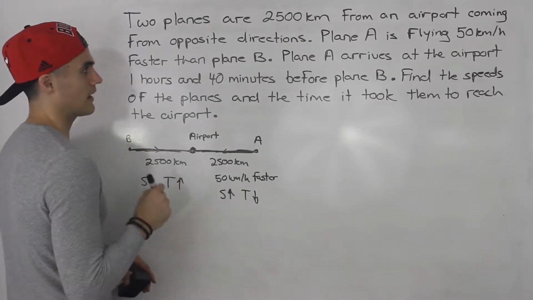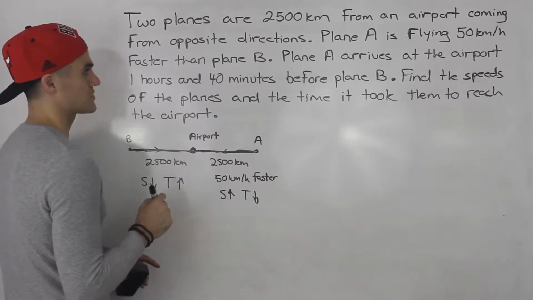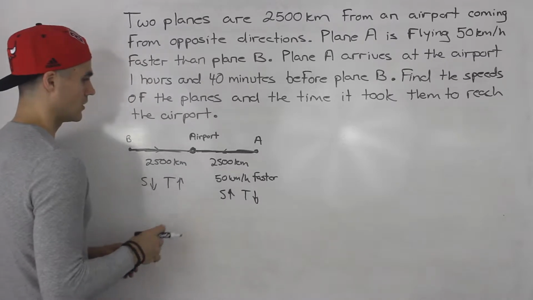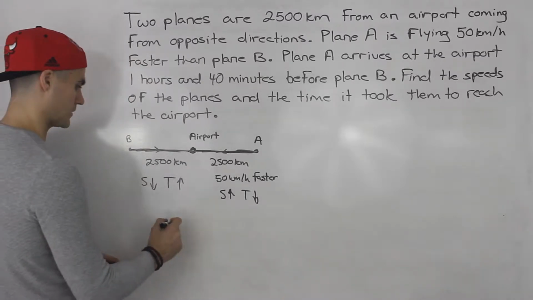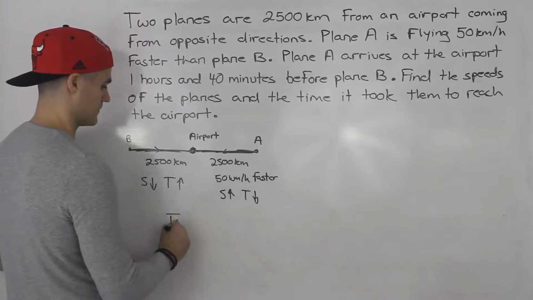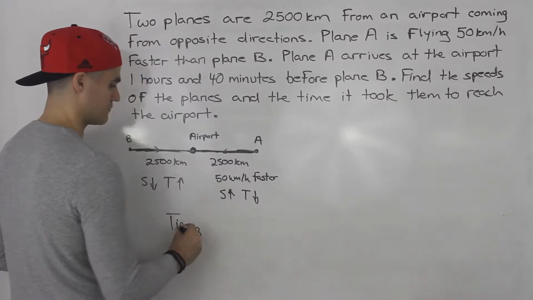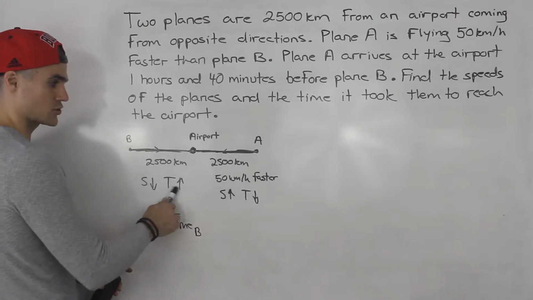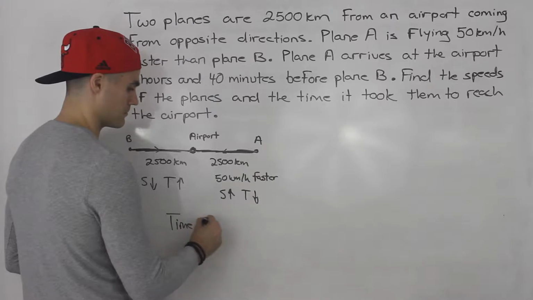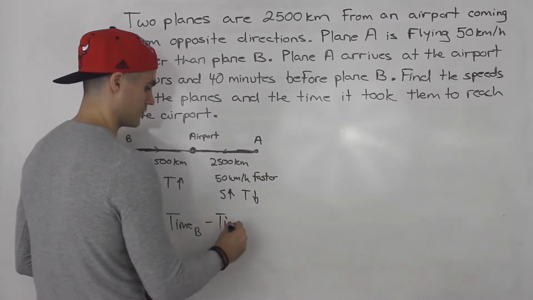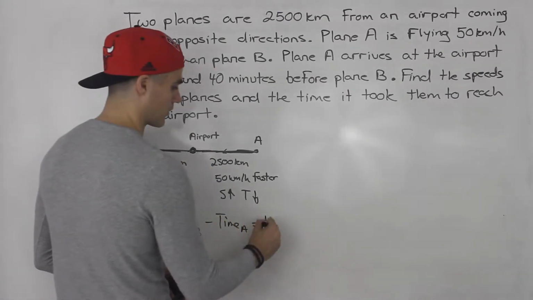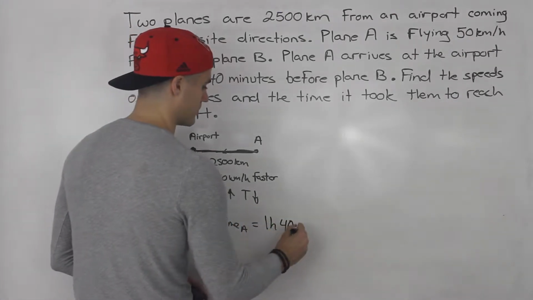And then we're told plane A arrives at the airport 1 hour and 40 minutes before plane B. So basically, what they're saying is that the time of plane B, which is larger than the time of plane A, so time of plane B minus the time of plane A is equal to 1 hour and 40 minutes.